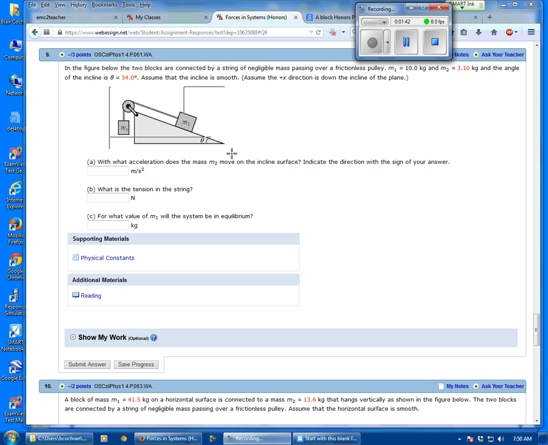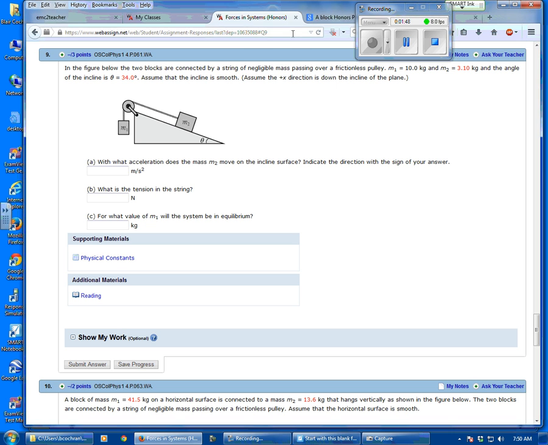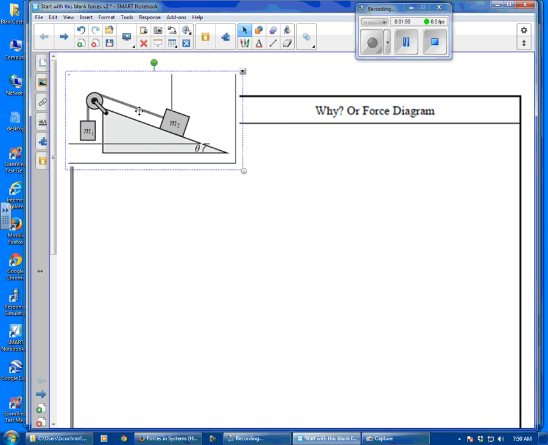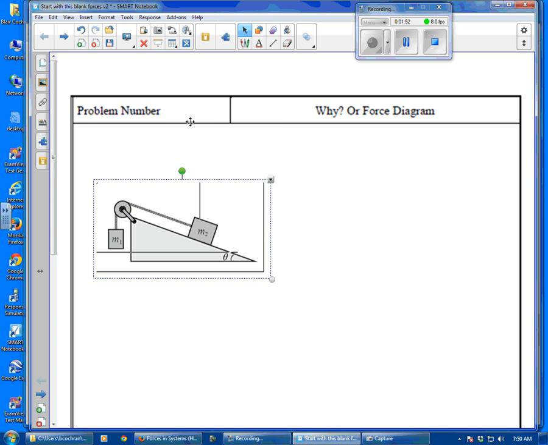How many force diagrams am I going to need for this problem? 3, because I've got the system, and then I have each of the bodies in the system. So, on Monday, on your in-class problem, I would expect 3.